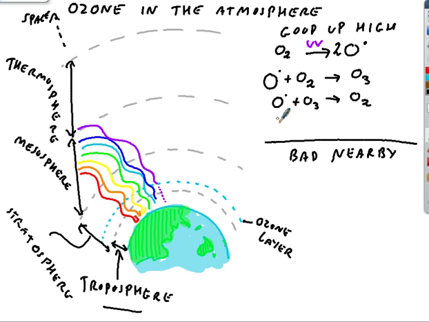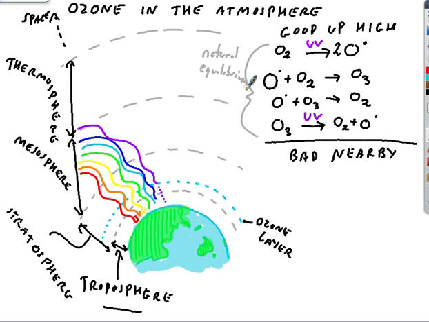And when ozone itself is struck by UV light, it absorbs the UV light and turns back into oxygen and oxygen free radicals. So there's a series of reactions happening in the ozone layer in the stratosphere, and these reactions are all in a natural equilibrium. That means the rates of production and decomposition of these three different chemicals are in balance.